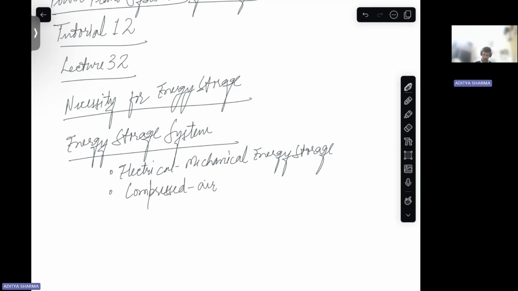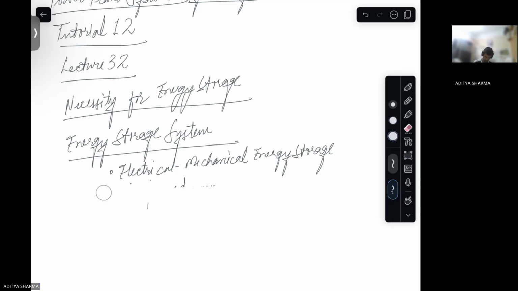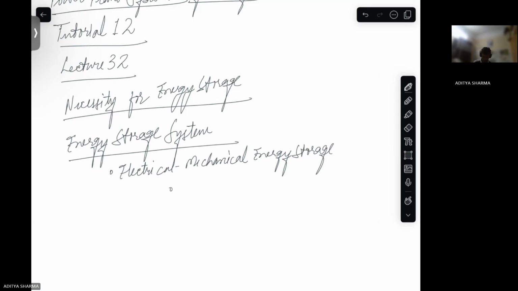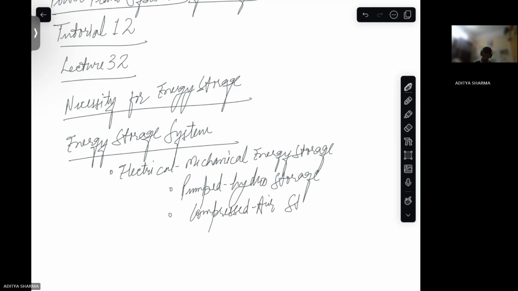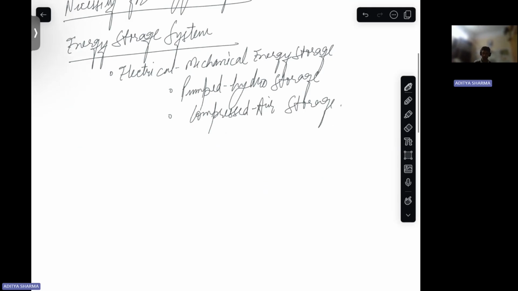In this electrical mechanical storage, you have one is pumped hydro storage, then compressed air storage. So this comes in your electric mechanical energy storage.